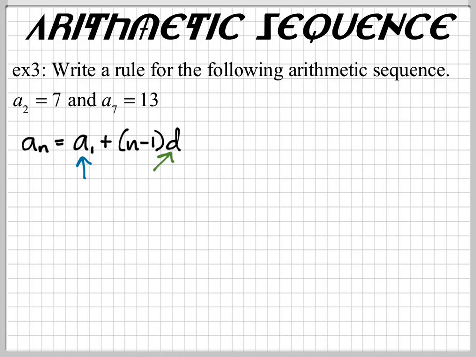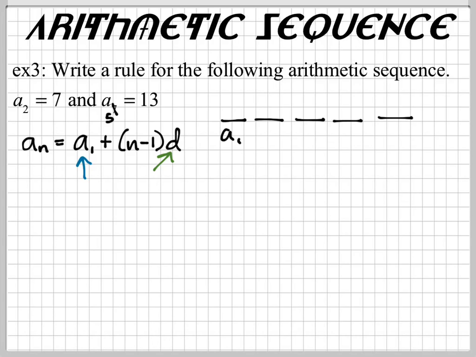Okay, so how do we go about thinking about this? Wait, that shouldn't say 7, that should say 5. Forgot to fix that. So cross out that 7 and put a 5. Because it gives me the 5th term, this is how I'm going to think about it. We have 1, 2, 3, 4, 5 terms.